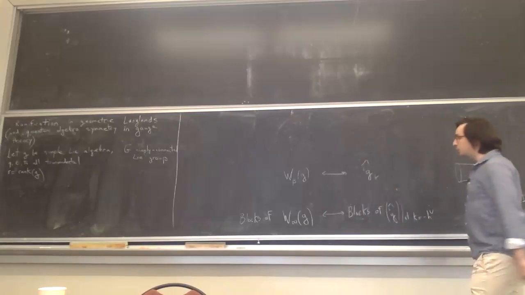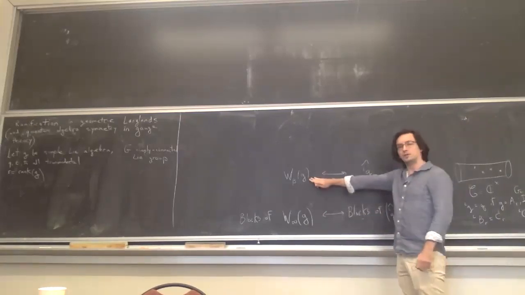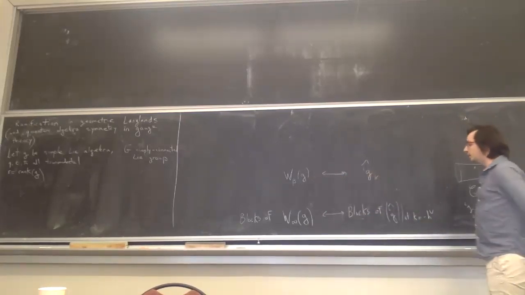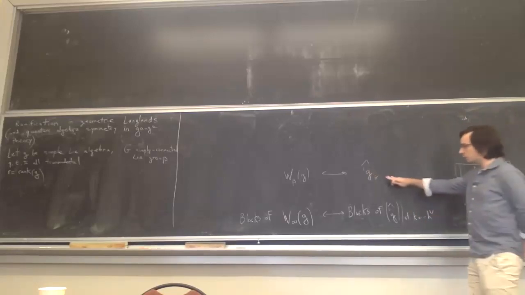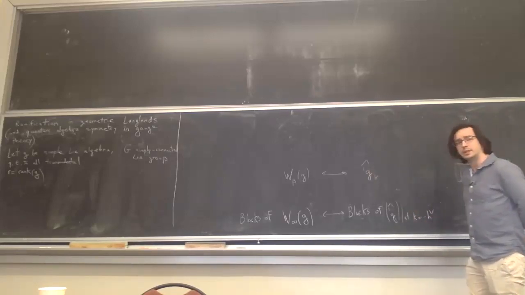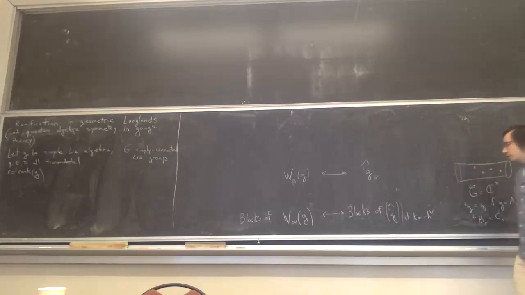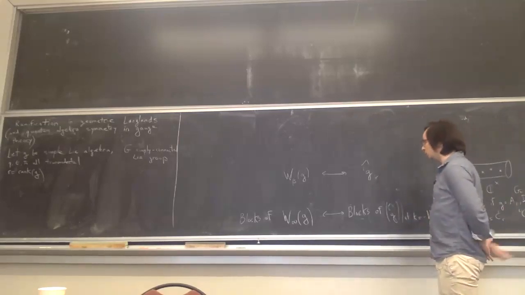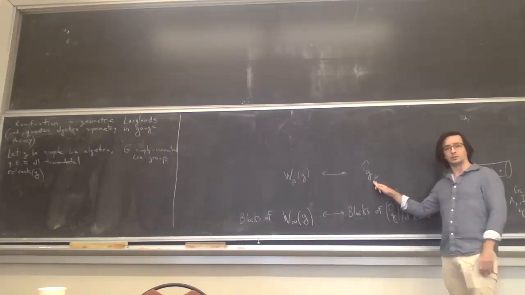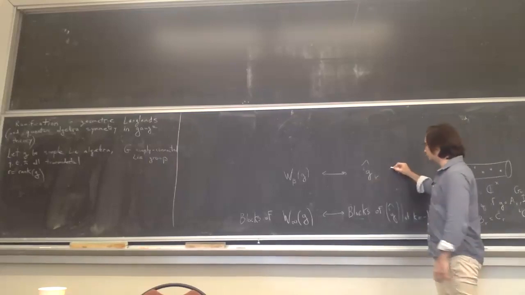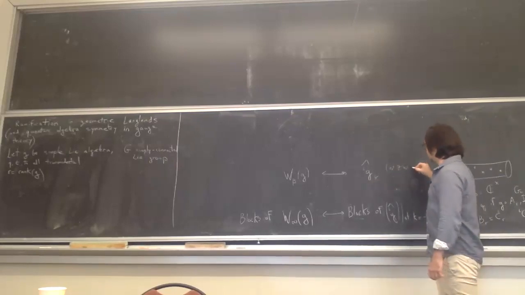And the statement now is that blocks of this algebra would be isomorphic to blocks of a Kac-Moody algebra, which is this one, so at generic level. So this is very familiar to physicists as well, because these are WZW models.